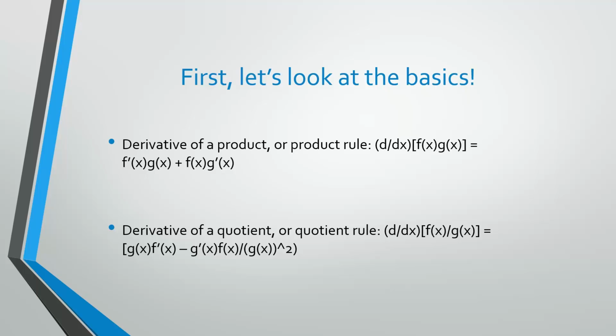The derivative of a quotient, or quotient rule, is g of x times the derivative of f of x minus the derivative of g of x times f of x, and that entire quantity is divided by g of x squared. Once again, definitely a mouthful. You should just copy it down. You will need this for reference in the future, and especially if you haven't already memorized it. But I definitely suggest you guys memorize this.